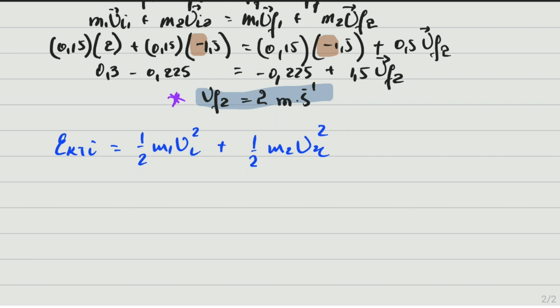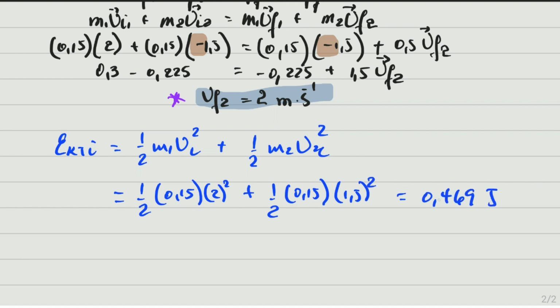So here's the substitution of the total kinetic energy initial. We already wrote that one at the top, so you can watch it. And then if we substitute, we have the total kinetic energy initial. And let's now calculate the total kinetic energy final.